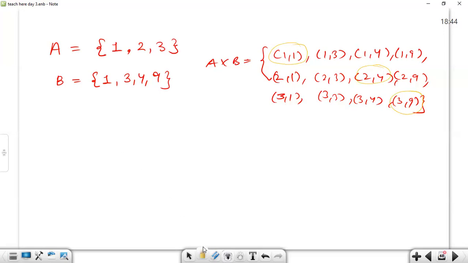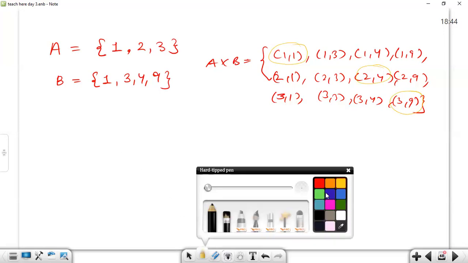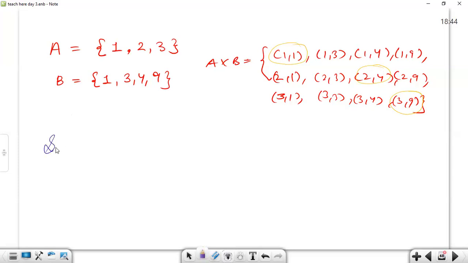Let's call this particular set our selection set, as it is selected by me. Let's name it S. What is your selection? (1, 1), (2, 4), (3, 9). Now, do you agree S is a subset of A cross B?